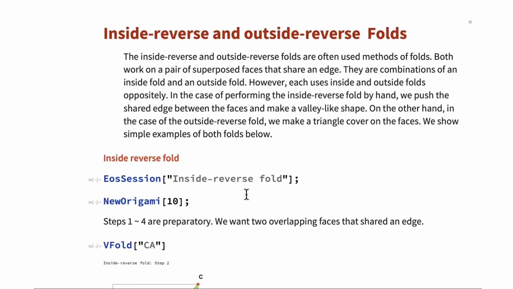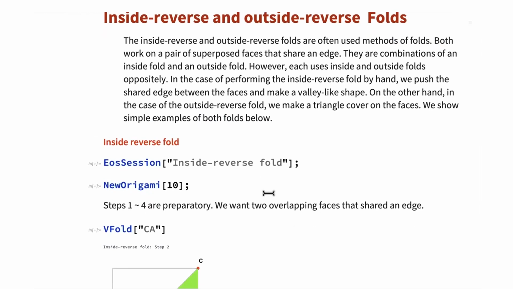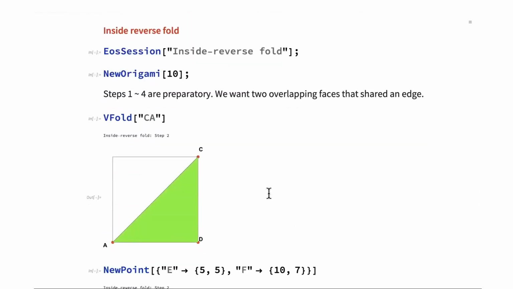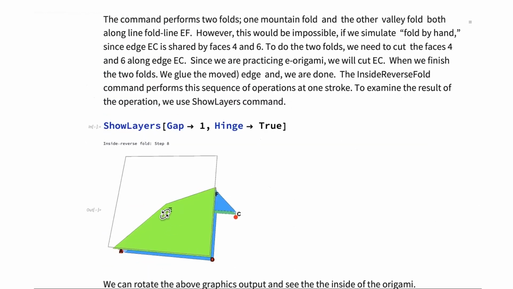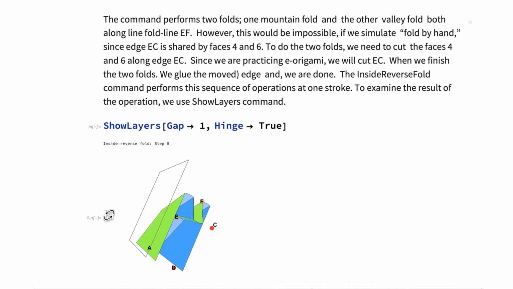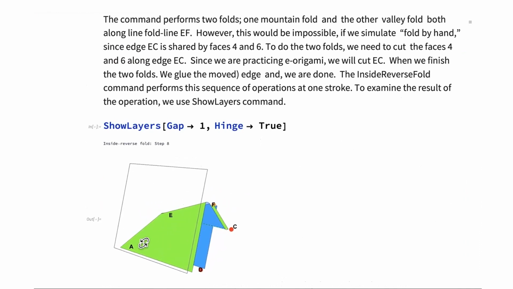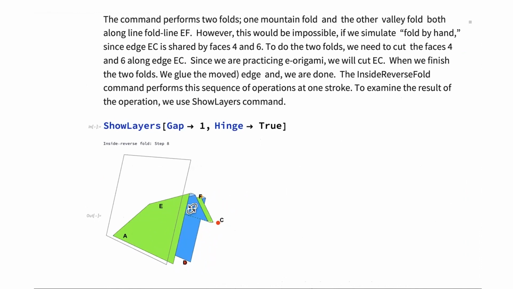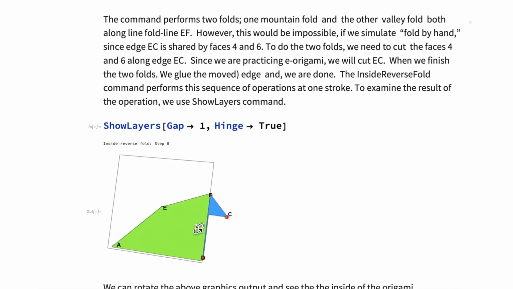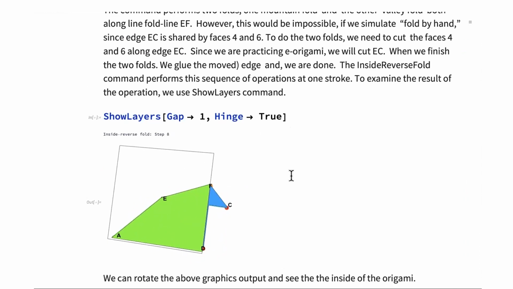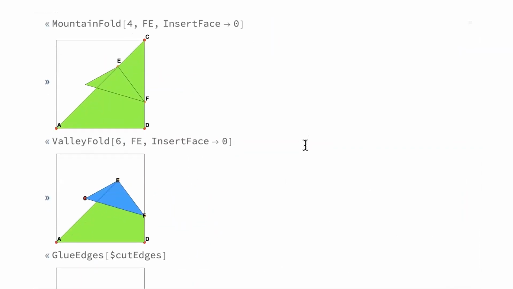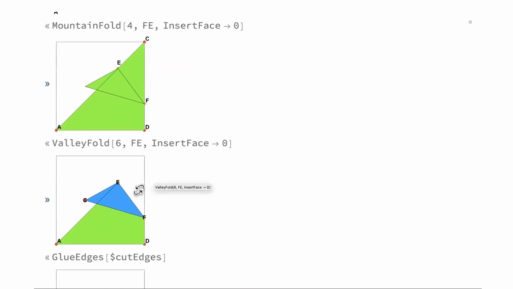And there are some more interesting ones inside, such as the inside reverse fold. If you look this way, you will see that it looks like one fold, but one part is a mountain fold and the other side is a valley fold. And we take this as a single fold. The other one is this one, the outside reverse fold.